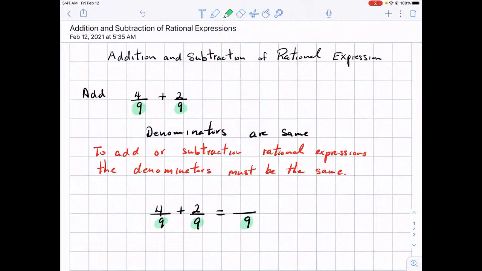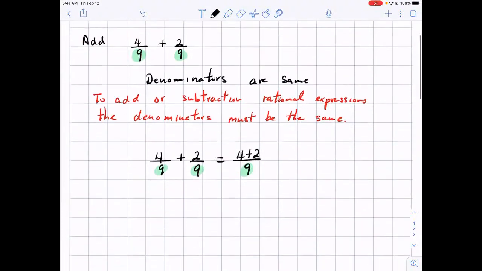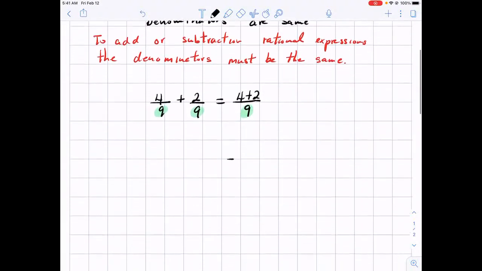And what we then do is add the numerators, 4 plus 2. So this becomes 6 over 9. And we always check to see if we can simplify.